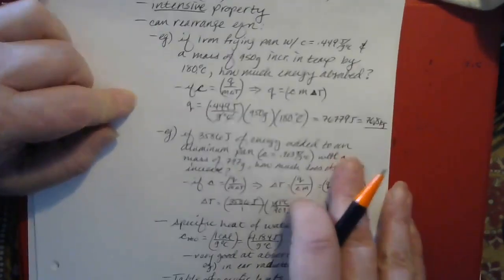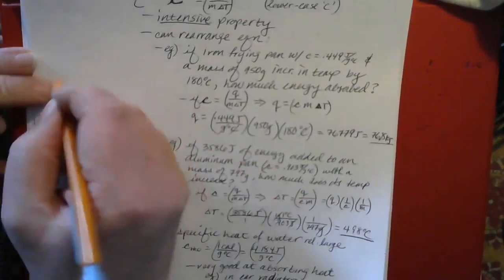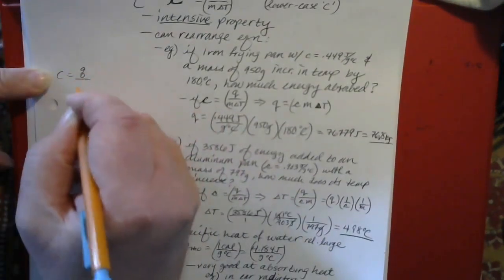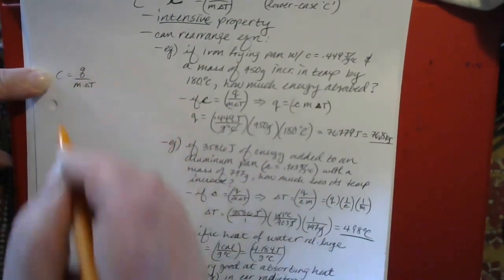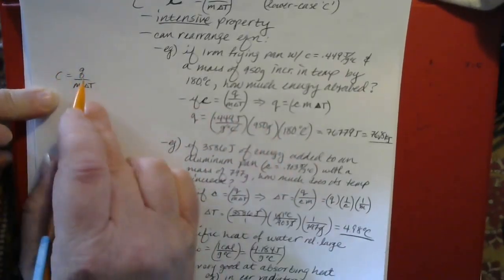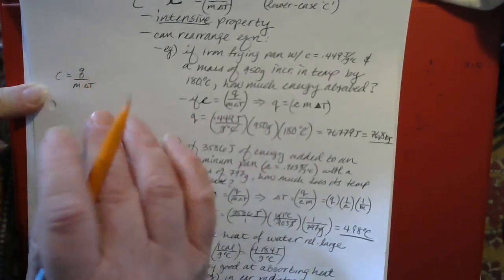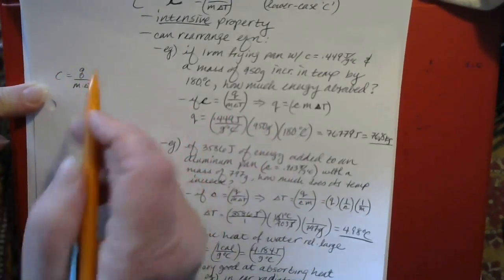All right. So we take this equation, C equals Q over M times delta T, and we have to solve it for Q. Solving for Q, of course, means that we want to get Q alone on one side of the equation.